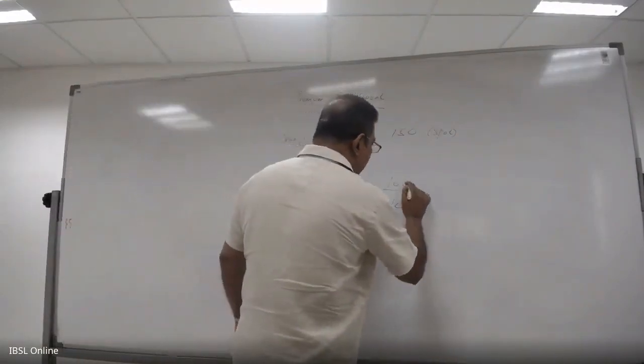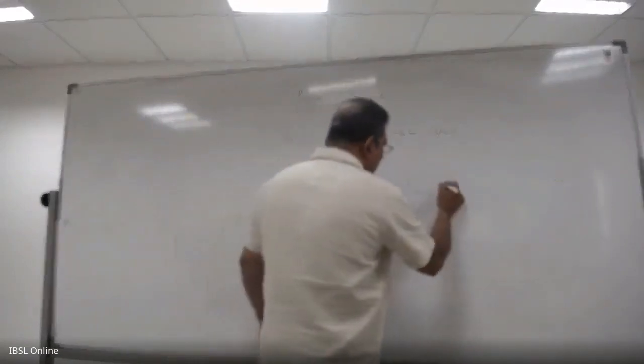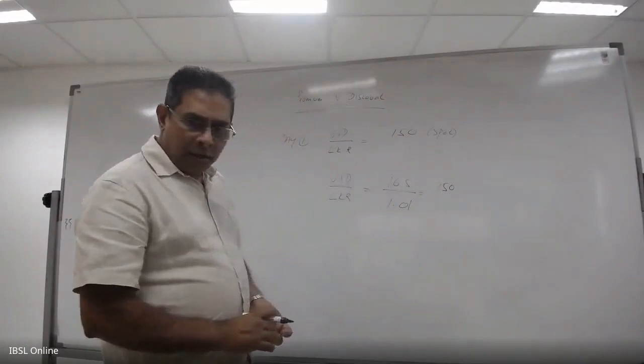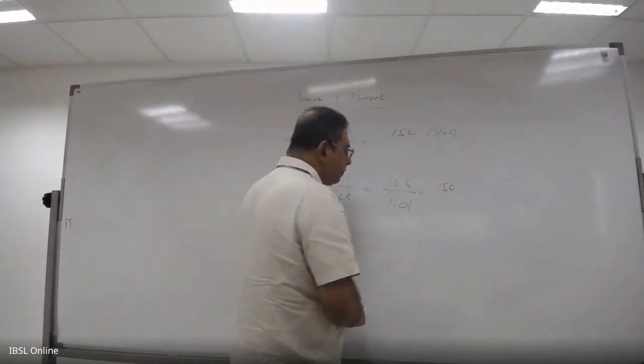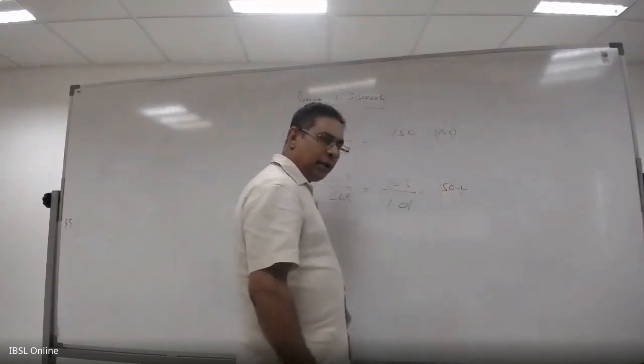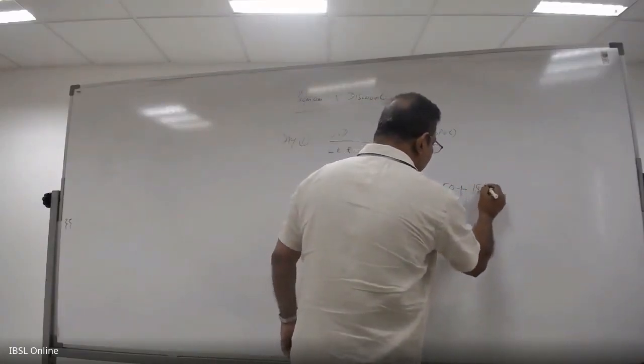Right. This 165 had come how? I took the spot rate of 150 and added the capital, the spot rate is the capital, to the interest part of it.